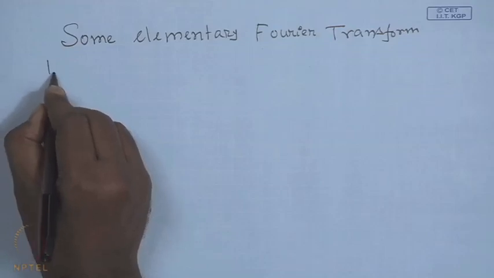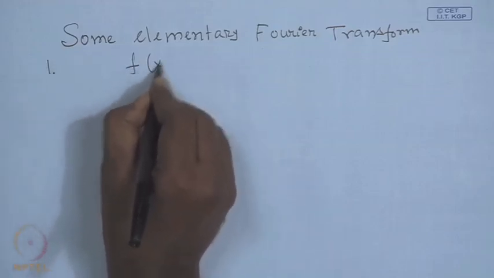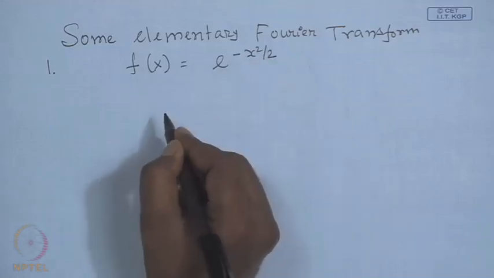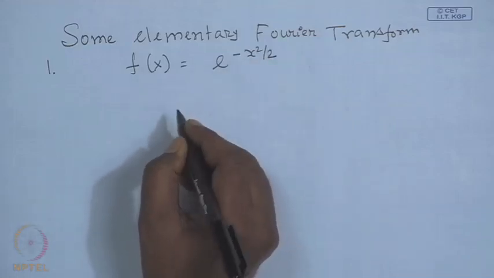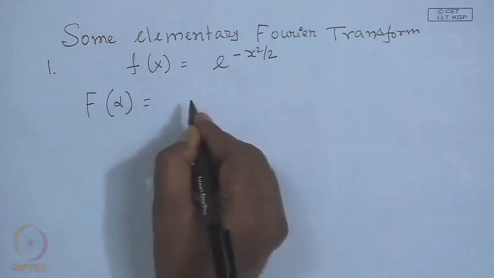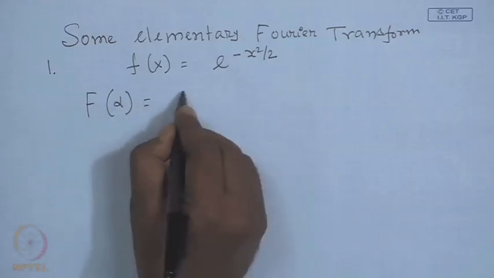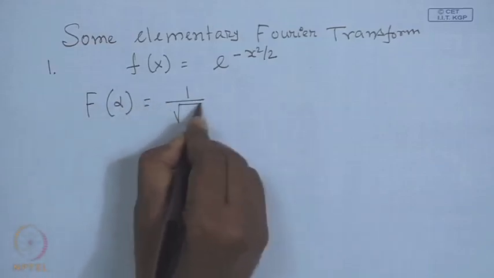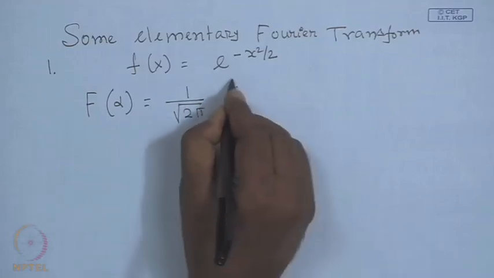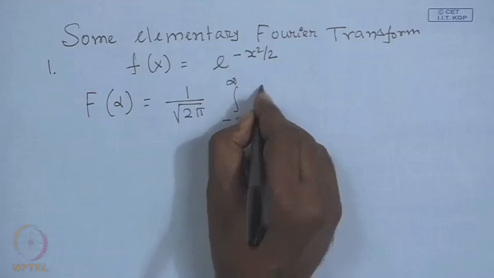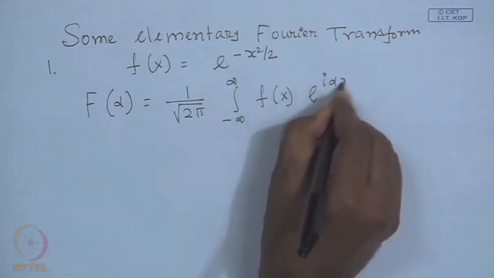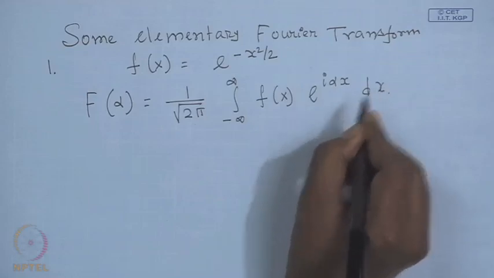Number 1: if f of x is e to the power minus x square by 2, then what will be the corresponding elementary Fourier transform? This will be 1 over root 2 pi, integral from minus infinity to plus infinity of f of x e to the power I alpha x dx.